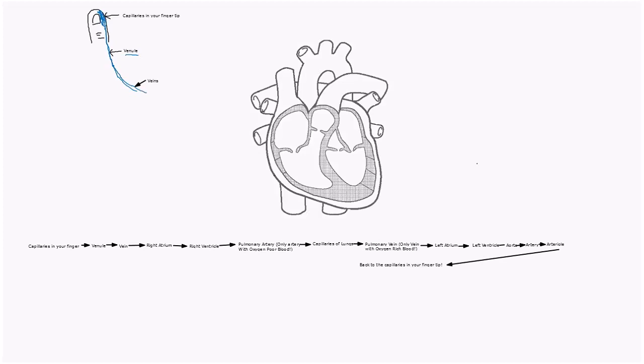Okay, so the blood is going to continue to travel until it makes it back to the heart along these veins. So it's going to eventually reach, there's two pathways, but this is kind of the largest vein in the body.